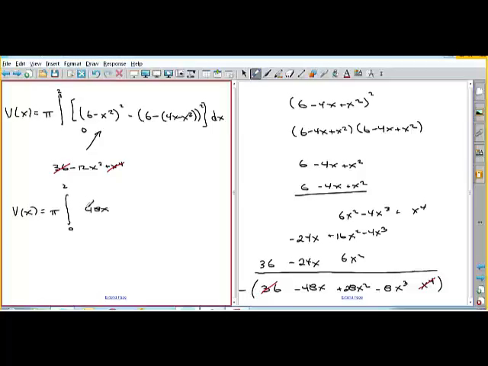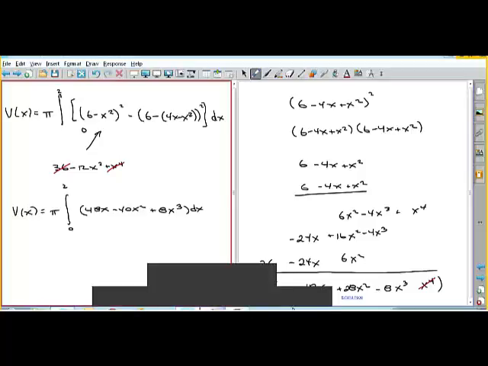So I'll get a negative times a negative, so I get 48x. I have negative 12x squared minus 28x squared, so that's minus 40x squared. And then I have a negative times a negative, so it's positive, so plus 8x cubed, the whole thing times dx. So instead of 2 terms, it's 3 terms, ultimately. It's just the simplification that you have to be careful about.